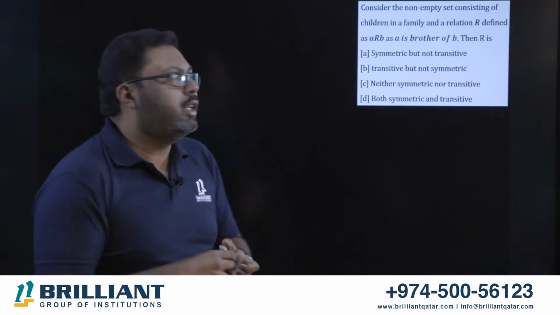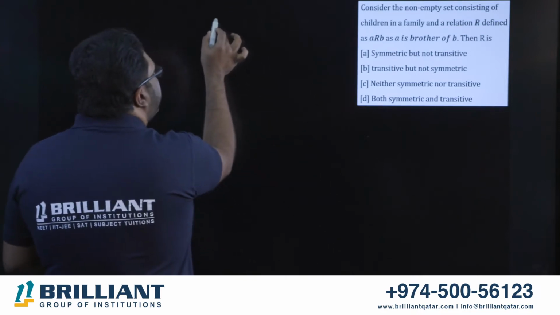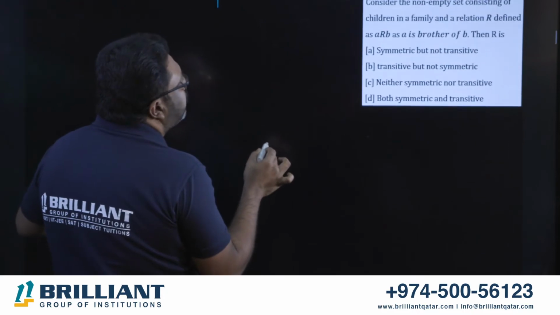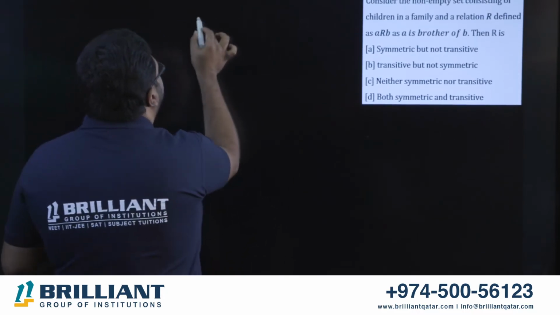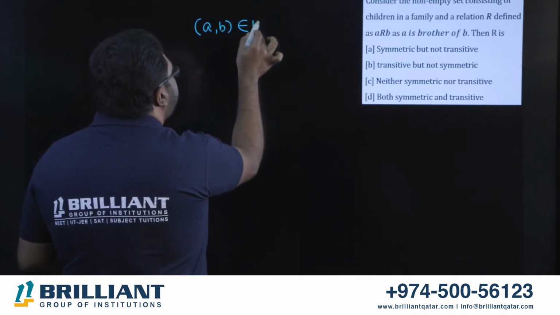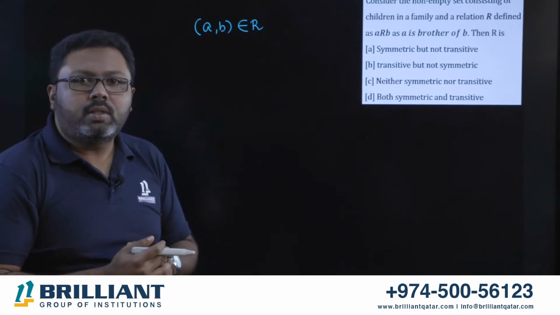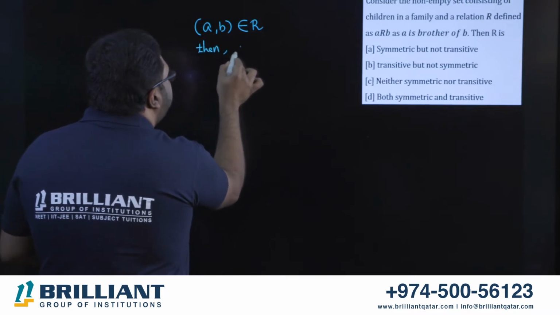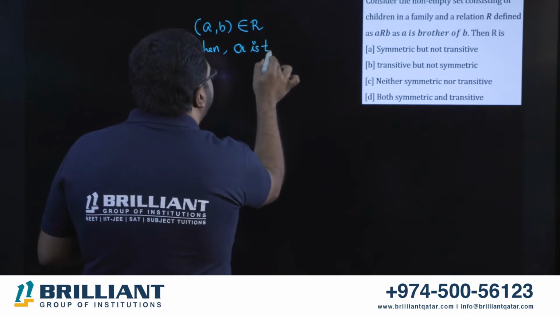Let's try to understand what is the condition for being symmetric. So I would say that ordered pair A comma B belongs to the relation R. Then I can easily say that A is the brother of B, right?